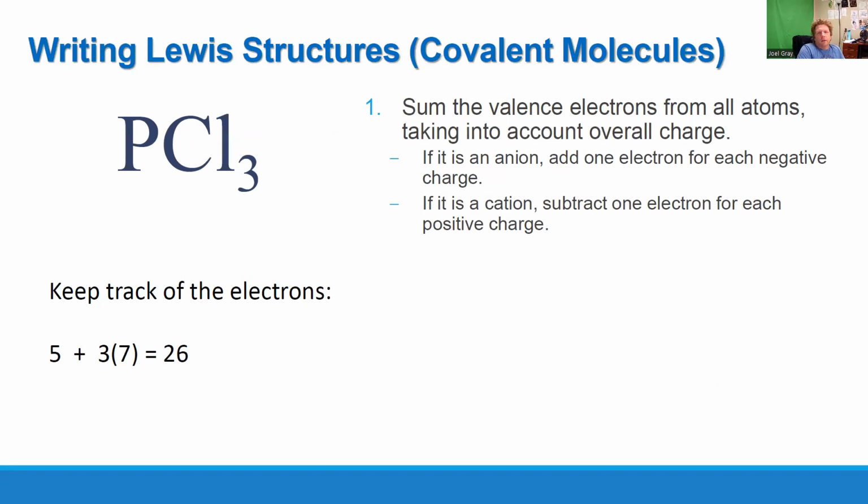Now, in order to write a Lewis structure for a molecule, you need to account for the number of valence electrons that any and all of the atoms have. So you need to first sum the valence electrons for all atoms, taking into account the overall charge. So if it's an anion, add 1 electron for each negative charge. If it's a cation, subtract 1 electron for each positive charge.